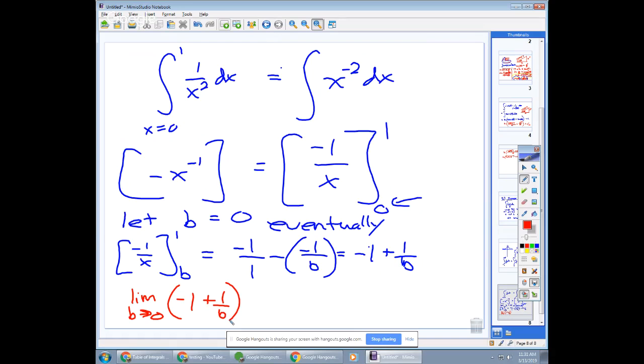It goes to infinity. So this gives me -1 plus infinity, which is infinity. So in this case, there is no answer. Oh, lovely. So what does this tell me? It tells me that, let's get a better graph from GeoGebra.